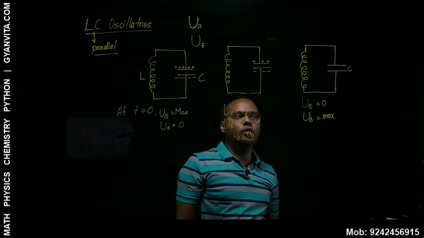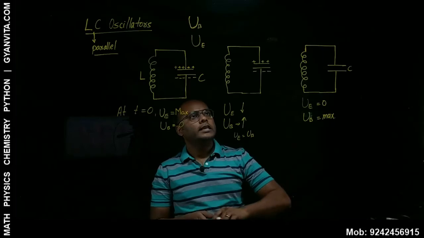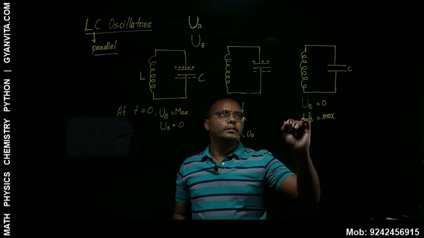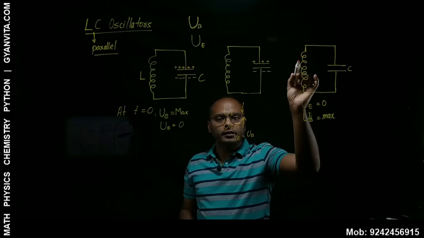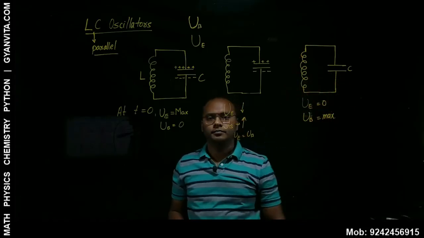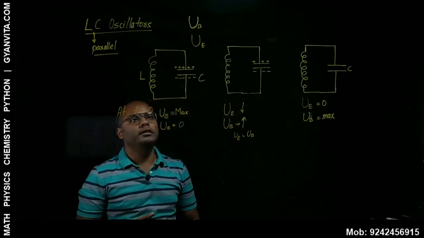Now what happens? Because here there is maximum current, right? Now again, this current will start charging the capacitor, right? Only thing is now the charging will happen in the opposite direction.